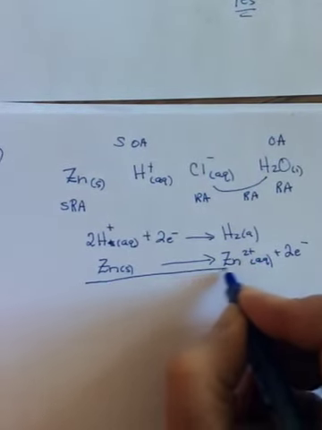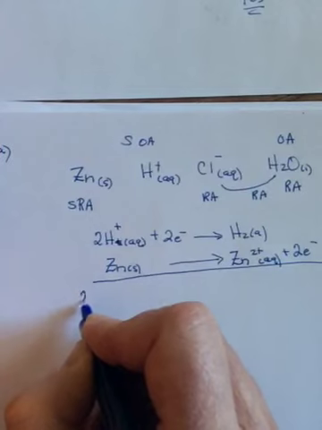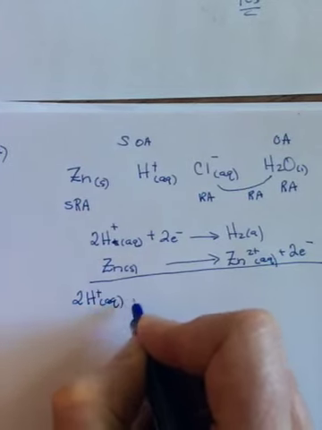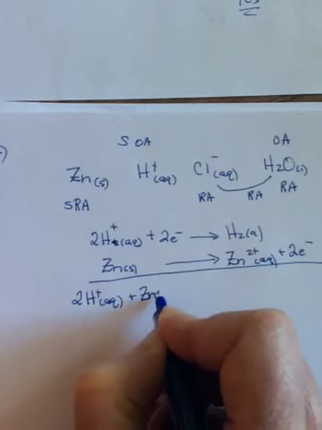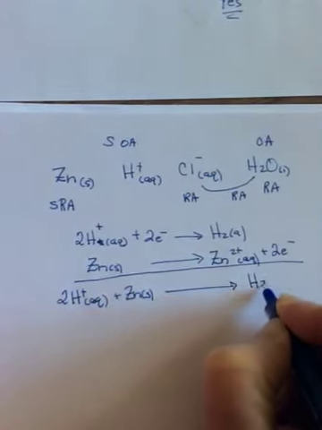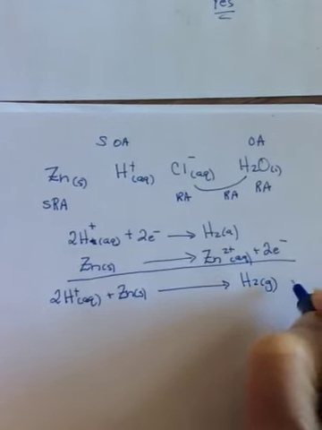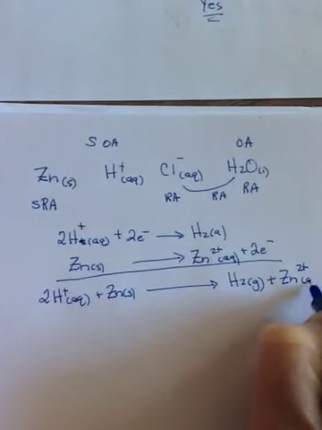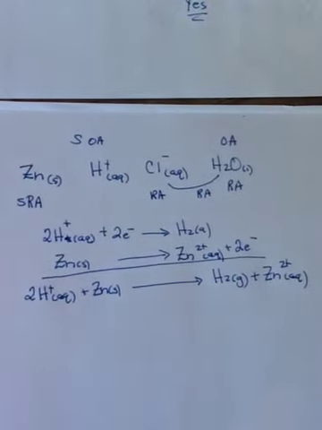Electrons are balanced between the half reactions, so we can add them together. 2H+ aqueous plus Zn solid going to H2 gas plus Zn2+ aqueous. So there's our reaction.